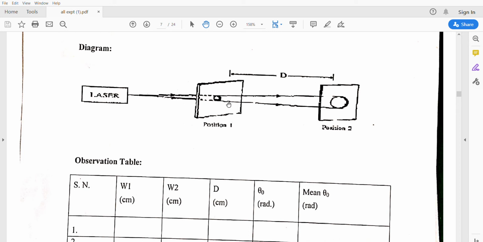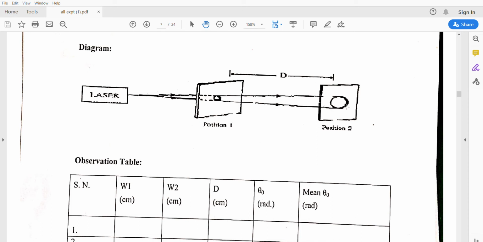For example, it is at 10 centimeters from the laser source, and after that we need to move a further 10 centimeters. That is position 2, where we need to draw the second spot using a pencil. Again the laser will fall on the screen placed at position 2, and the spot will be identified.